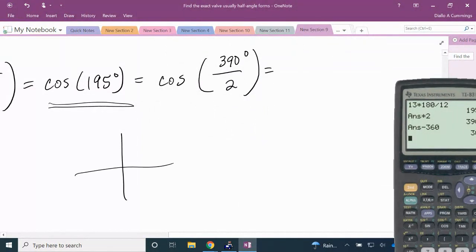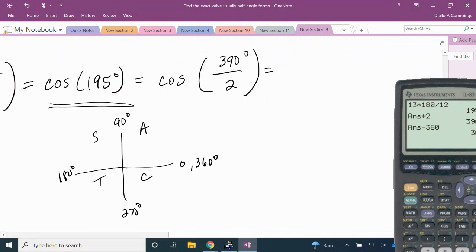Right, so if I just draw out a rough sketch, and we have 0 degrees here, 90 here, 180 here, 270, and then one complete rotation is 360. Remember, from our reference angle, All Students Take Courses, right? These give us the signs of the 6 trig functions in each of the 4 quadrants.